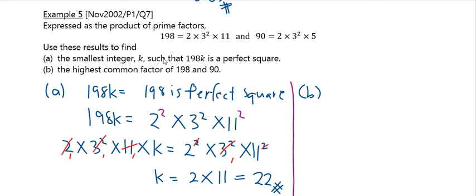So here you have 2, both of them have 2, and both of them have 3 squared. You don't take 11 and 5 because they are not common. So HCF of this will be 2 times 3 squared. So this one, 2 times 9 will be 18.